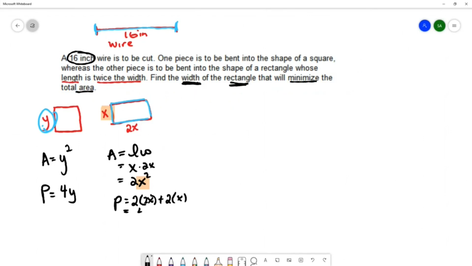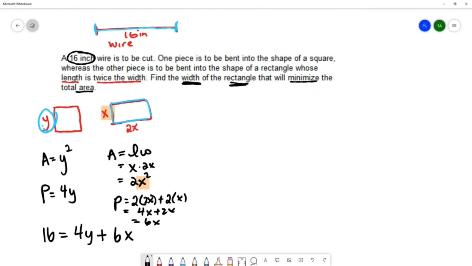So that's 4x plus 2x, which is 6x. So because I'm starting off with this 16-inch wire, the perimeter of the square plus the perimeter of the rectangle have to equal that 16 inches that we started with.